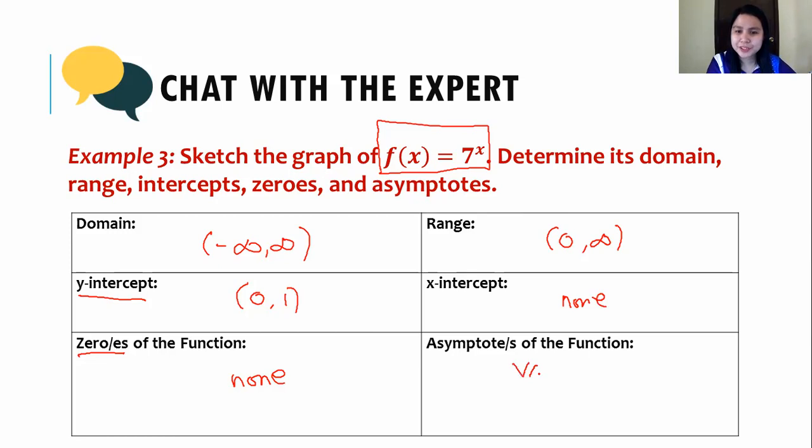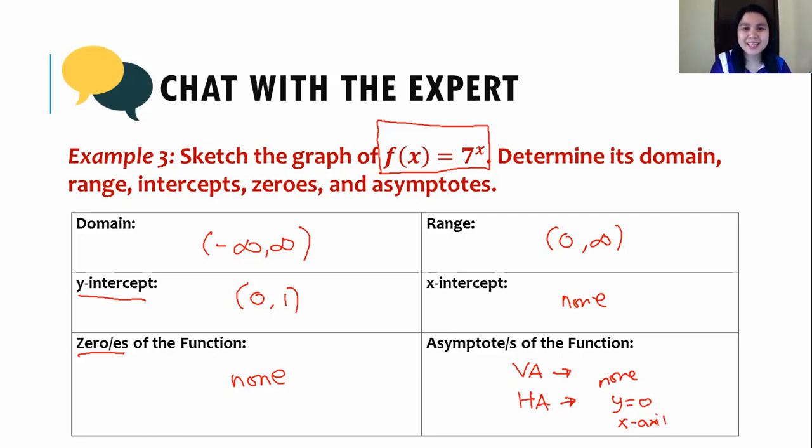How about our vertical asymptote? Very good. There's no vertical asymptote. And the last one, what's our horizontal asymptote? You say y equals 0, or at the x-axis. Oh, very good for that one.